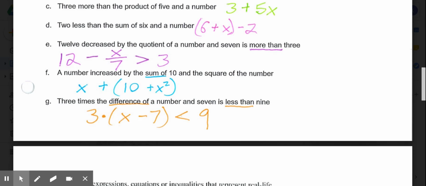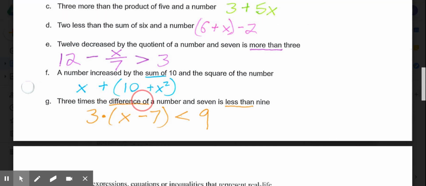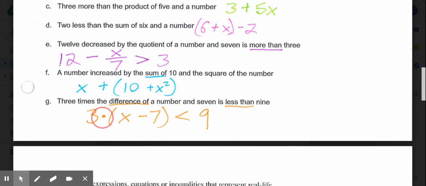And then for G, we have 3 times the difference of a number and 7 is less than 9. So the difference of tells me that part will be in parentheses. So difference of a number and 7 is x minus 7 in parentheses. 3 times that, so on the outside of the parentheses, we have a 3, and that whole piece is less than 9.